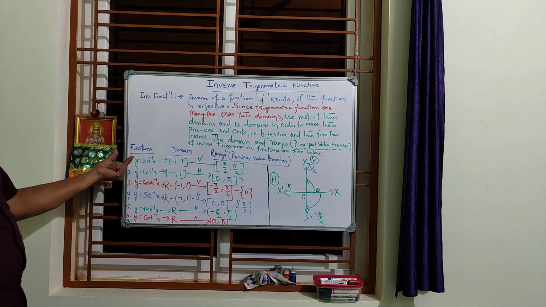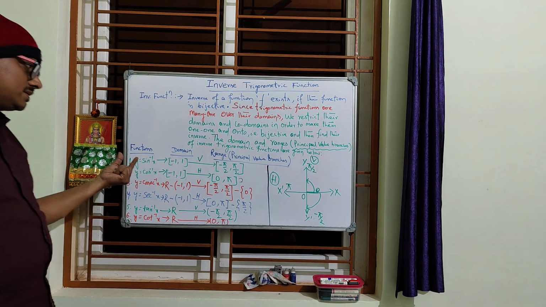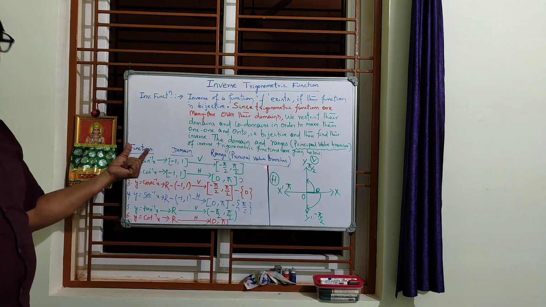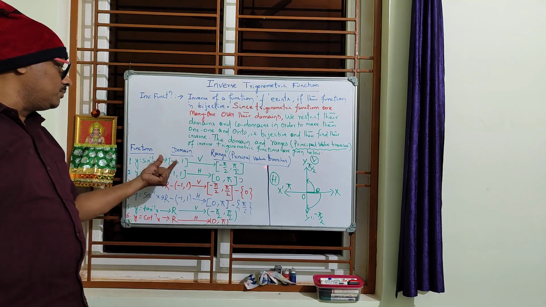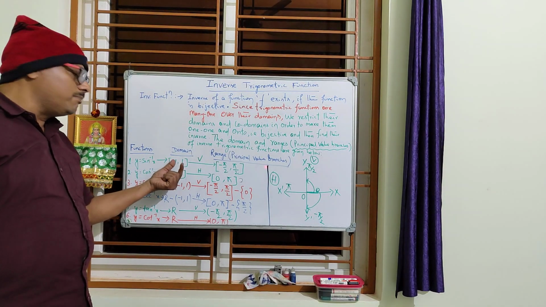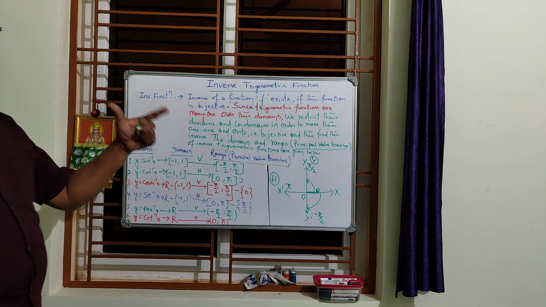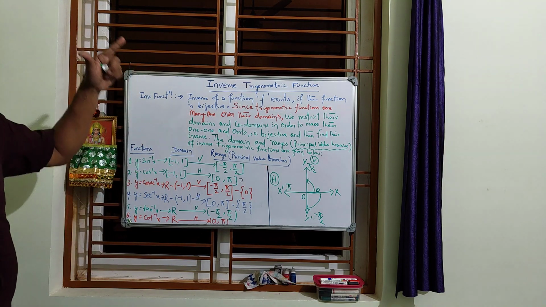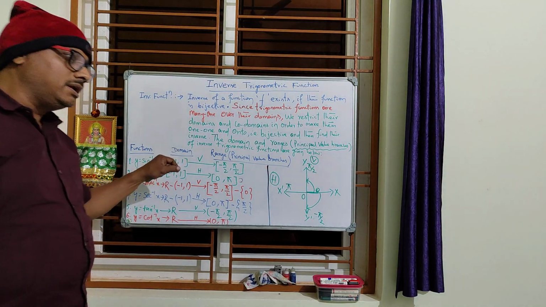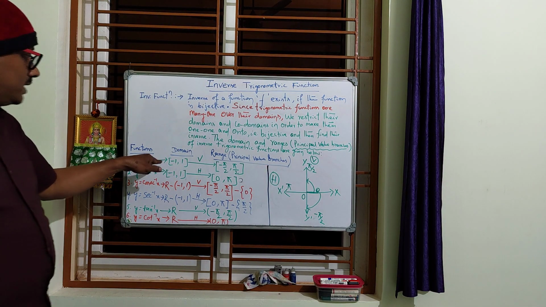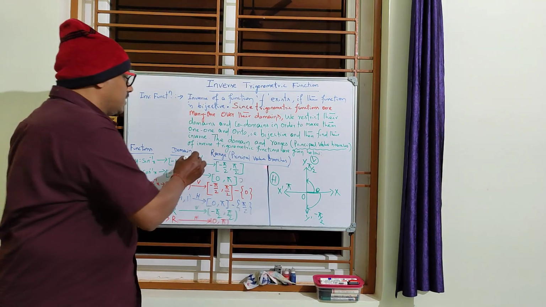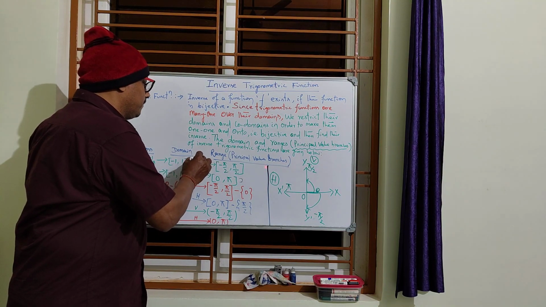Okay, now look at the point. If the function is sine inverse x, the domain of this inverse trigonometric function will be minus 1 to 1. The domain of sine inverse x is minus 1 to 1, because the range of sin x was minus 1 to 1. But the range is calculated as vertical.